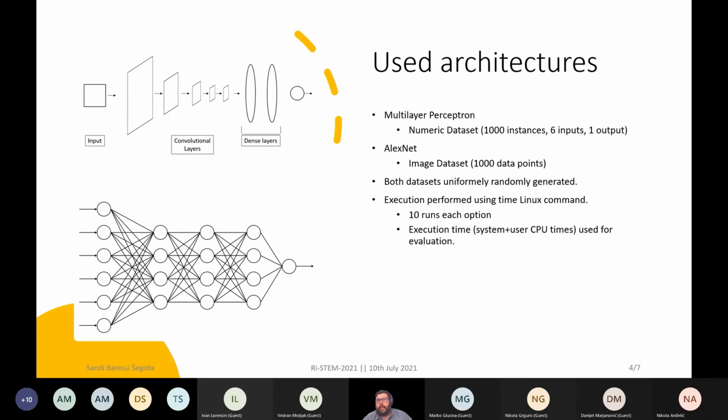To get the training times, each algorithm on each storage option was run 10 times to get at least somewhat statistically significant data. And the execution time was used for evaluation. As people here with a computing background know, there are different ways to measure the execution time.